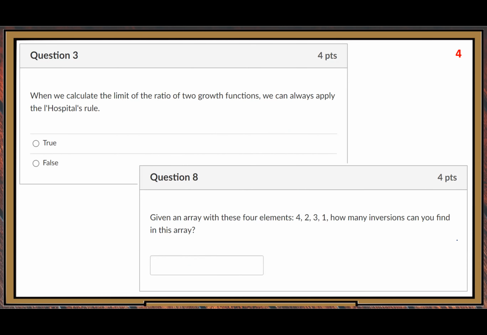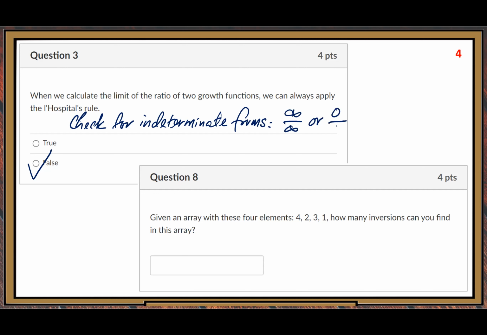Next, first one, L'Hopital's rule. We can always apply? The answer is false. The reason is we need to first check for indeterminate form: infinity over infinity or 0 over 0.